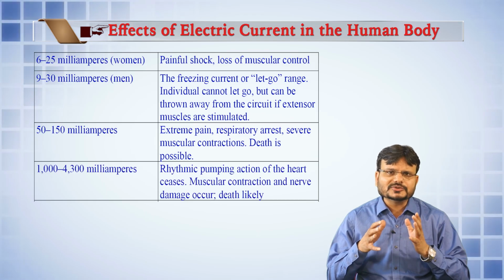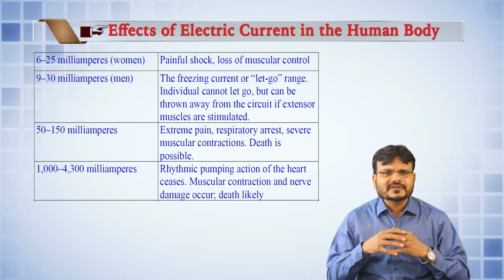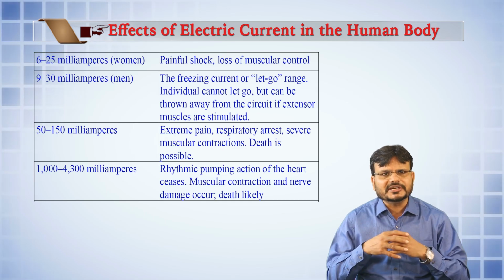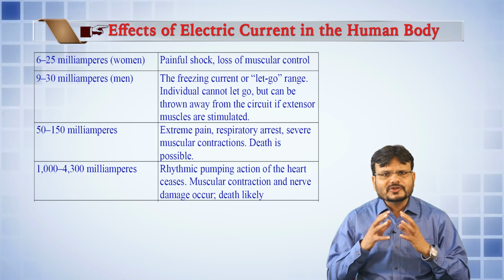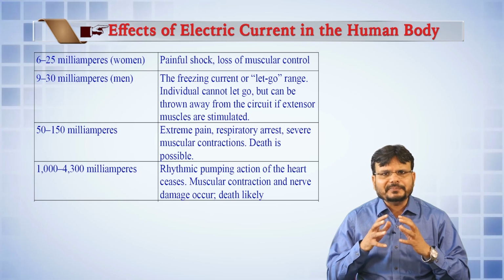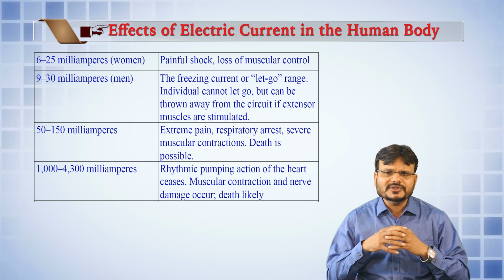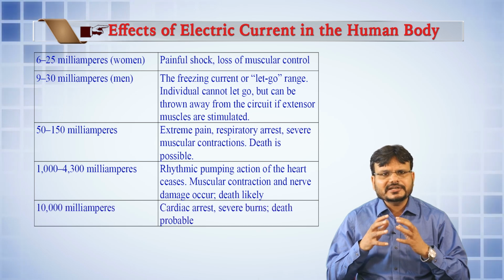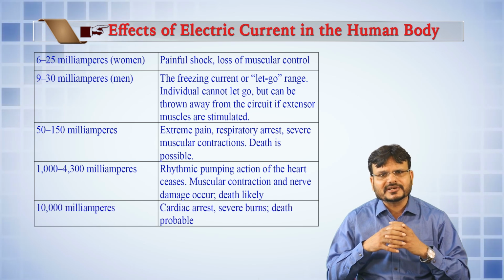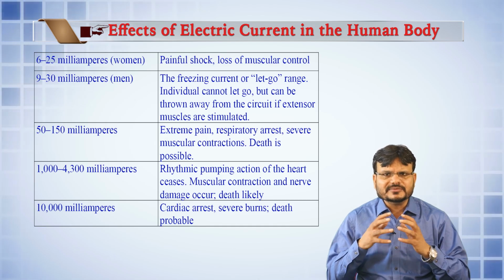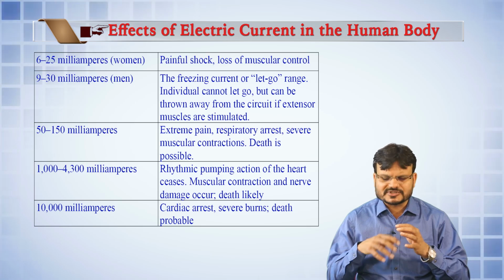If current through the human body is nearly in the range of 1000 to 4300 milliampere, then the rhythmic pumping action of the heart ceases, muscular contraction and nerve damage occur, and death may also be possible. If the current is around 10,000 milliampere, then one will experience cardiac arrest, severe burns, and death is also possible.